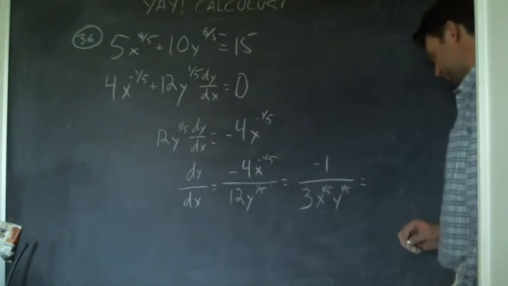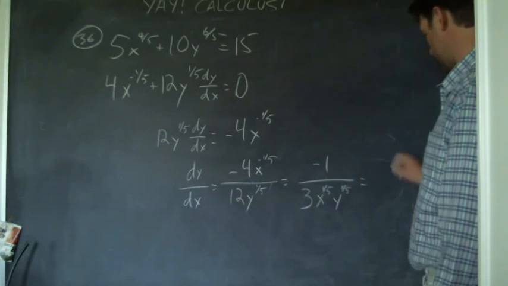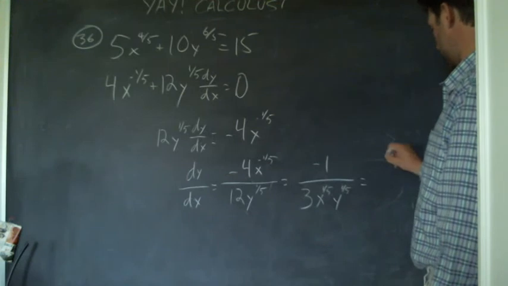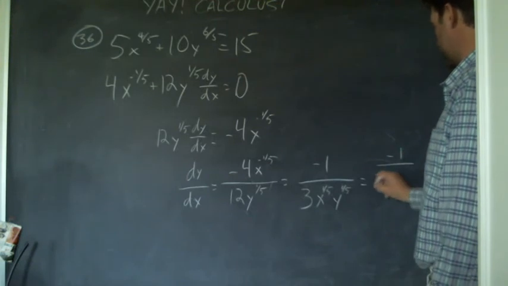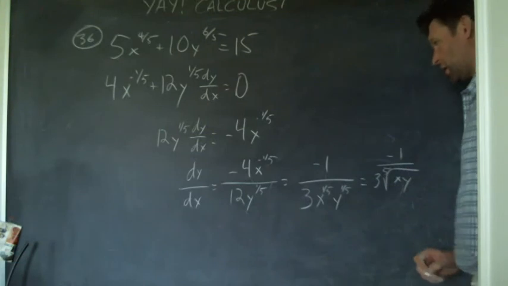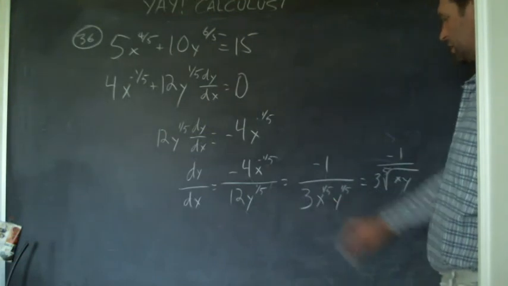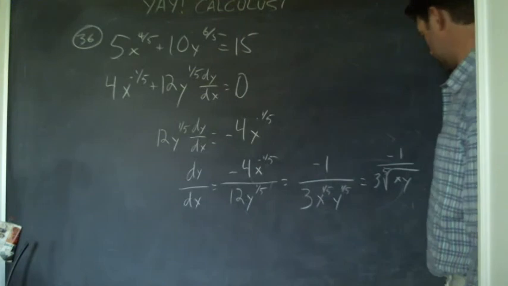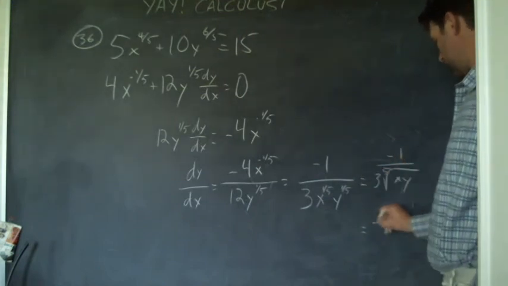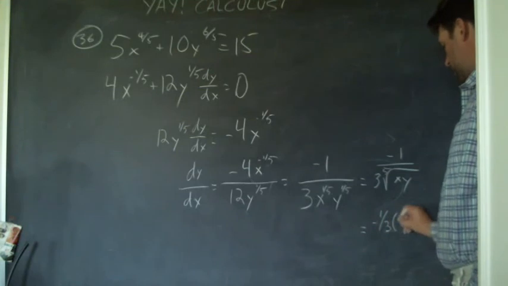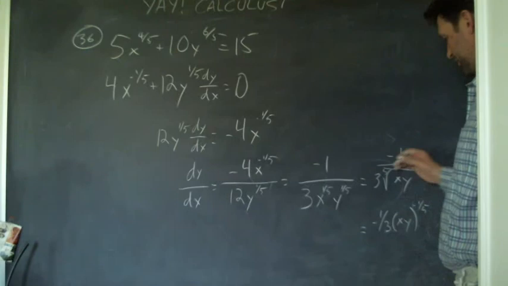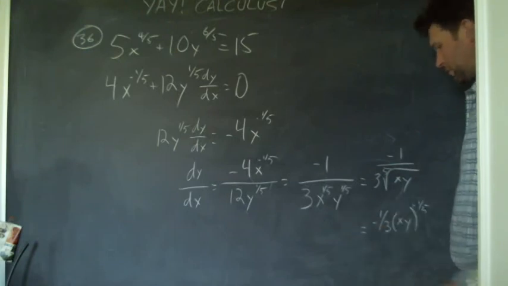And we can change that to negative 1 over 3 times the fifth root of xy. Feel free to have stopped here. It'll do just fine. Could have even done negative 1/3 xy to the negative 1/5. Either of these are fine, but that works for us.